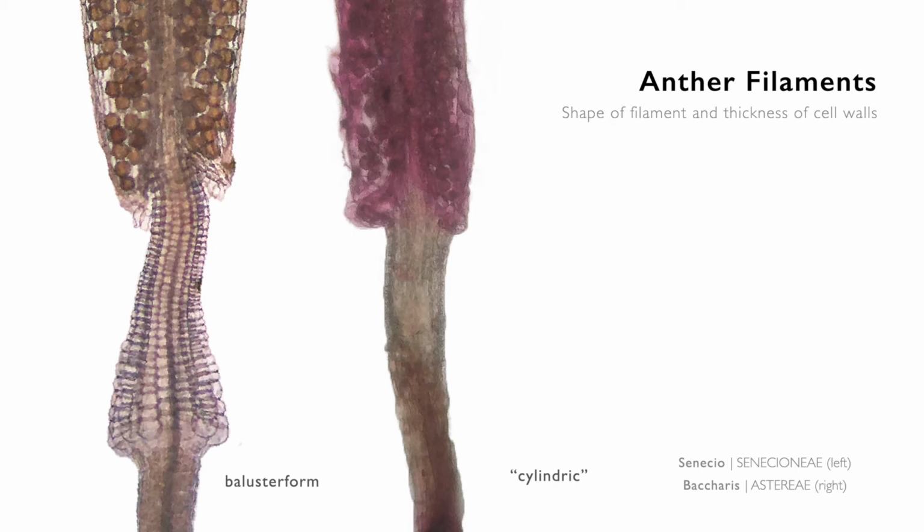But what is meant here is that it doesn't have a special thickening. Another character that you might want to check is the thickness of the cell walls that form the anther collar. That could vary, and that could also offer some interesting information.